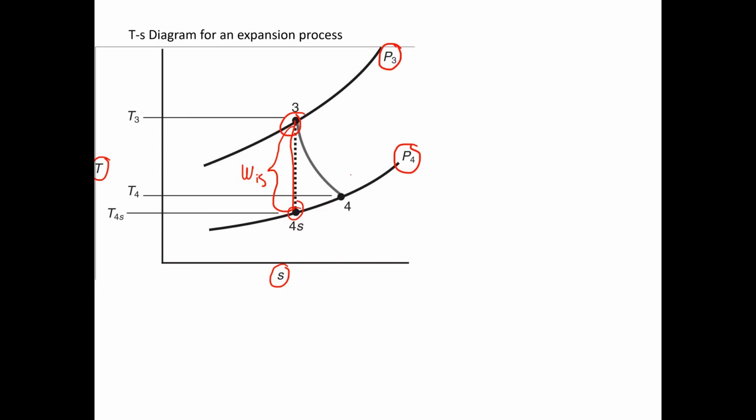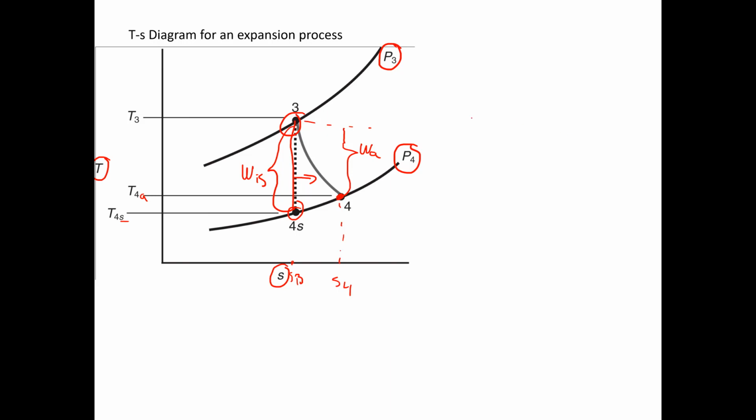But as inefficiencies are present, the entropy coming out is going to be higher than going in. So here is S3, and here is S4. The actual temperature, T4 actual, will be higher than T4 isentropic because of some of the work that you lose. This vertical line is a representation of the lesser actual work compared to the isentropic.